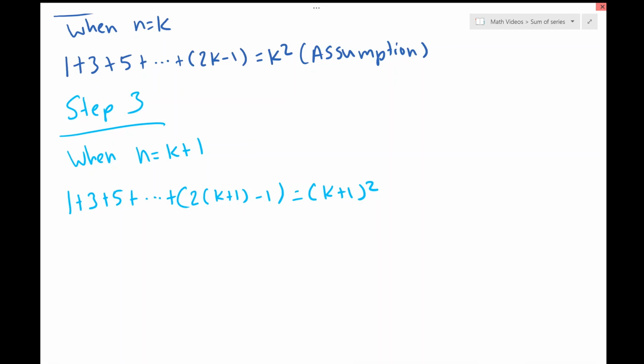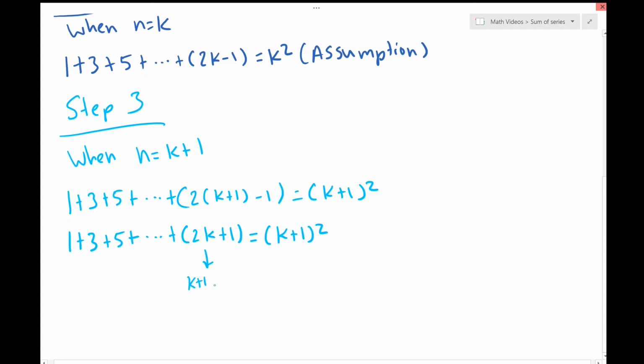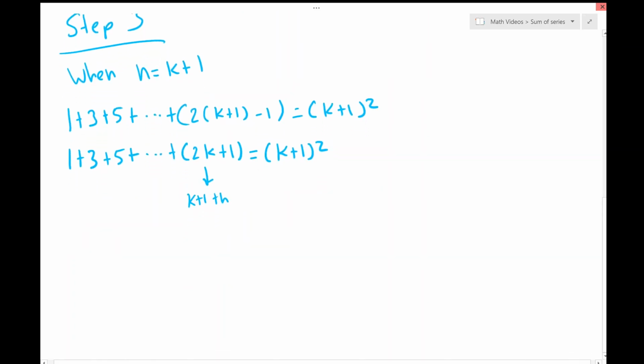So let me just simplify the left hand side a little bit. 1 plus 3 plus 5 plus ... plus 2k plus 2 minus 1, which is just plus 1, equals (k plus 1) whole squared. Now this is an arithmetic series, and this is the (k plus 1)th term. So the term before the (k plus 1)th term is the kth term, and the kth term is 2k minus 1.